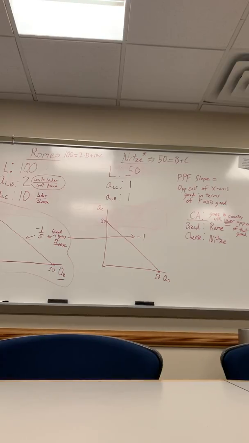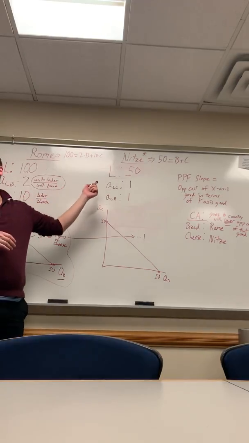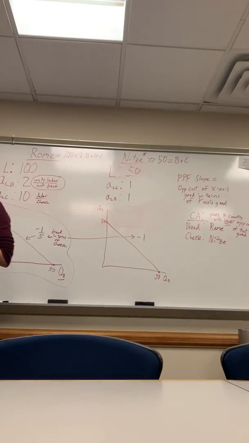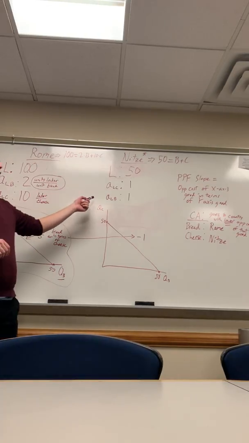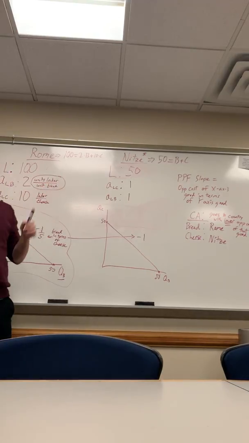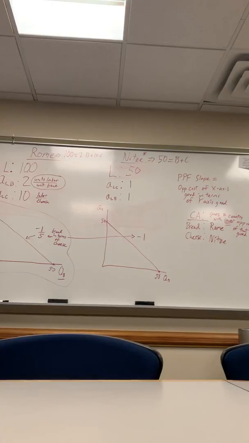Wages are tied to price, but that is an indirect tie. The more accurate way of thinking about it is that wages are tied to productivity. Workers in NHTSA are significantly more productive on an individual basis than workers in Rome, because it takes just one worker to make a unit of bread in NHTSA, whereas it takes 2 workers in Rome. Whoever has higher productivity, those wages are going to be higher on an individual level.